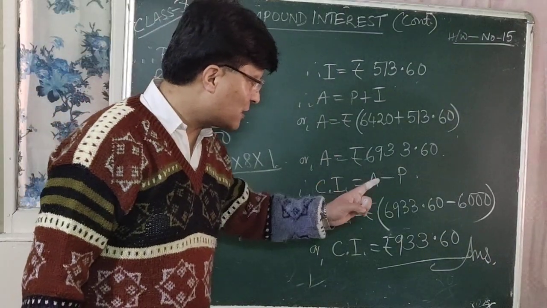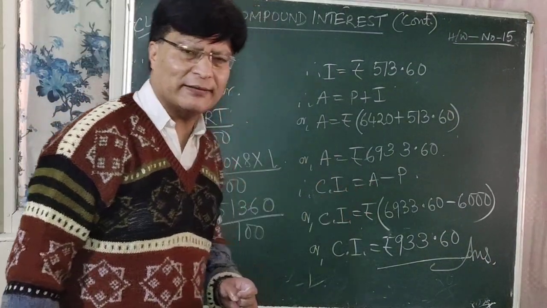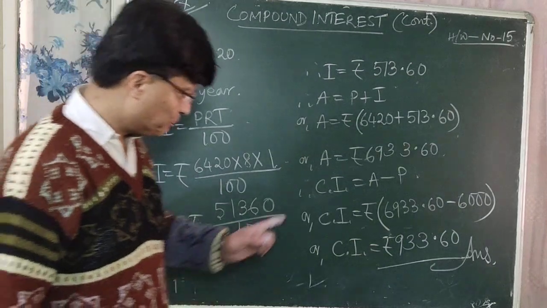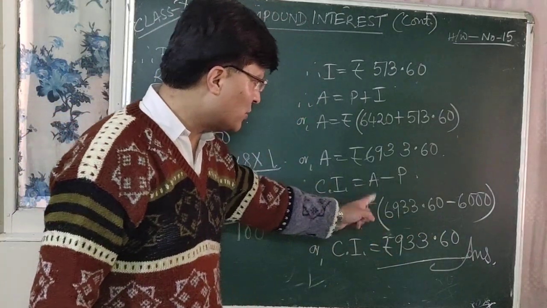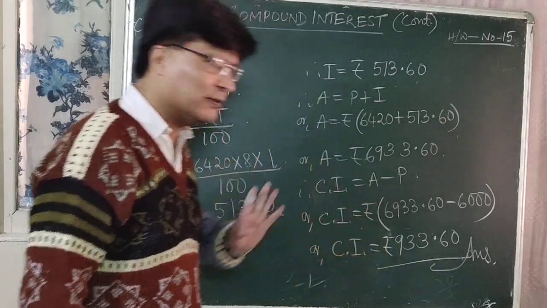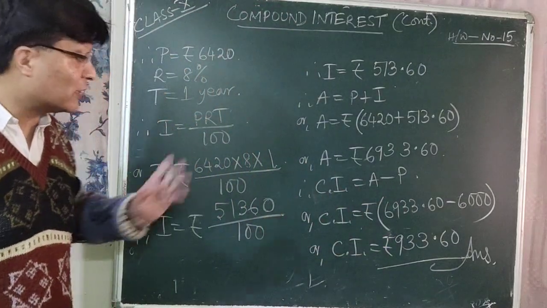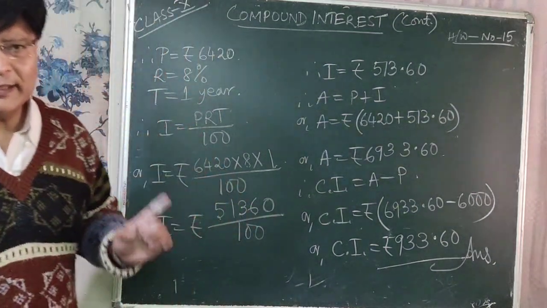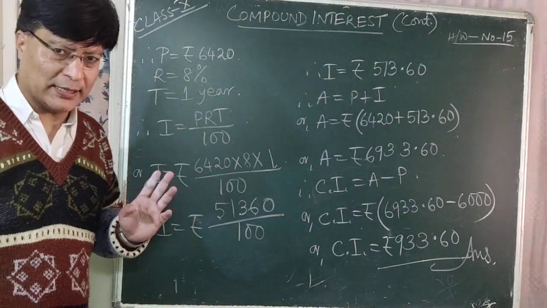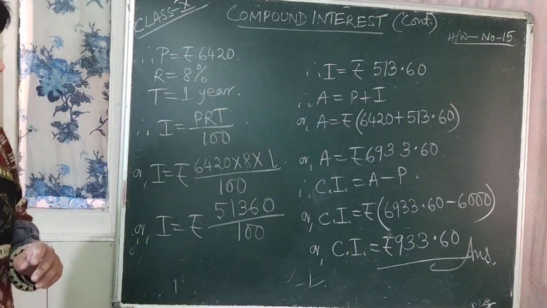Subtract 6,000 from 6,933 and 60 paise. You will get 0.60, 3 minus 0, 3, 3 minus 0, 3, 9 minus 6, 3. So this is the final answer. That is, the required compound interest is equal to rupees 933 and 60 paise. So this is the answer.